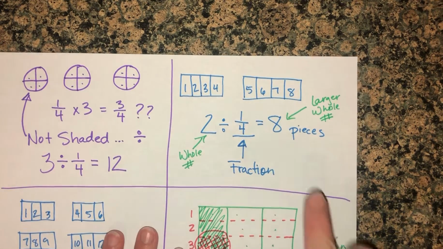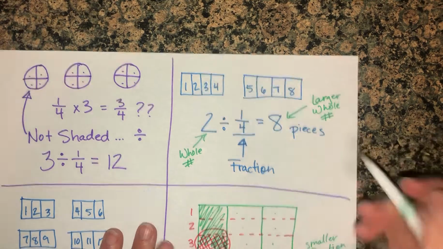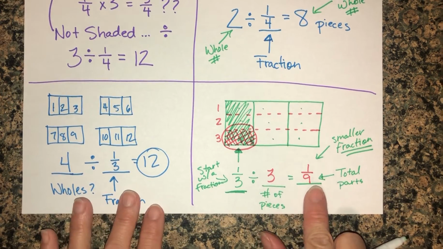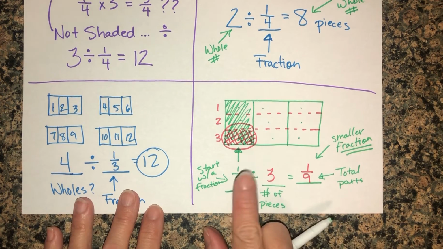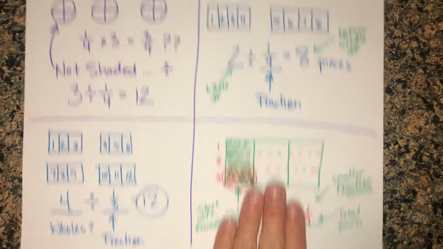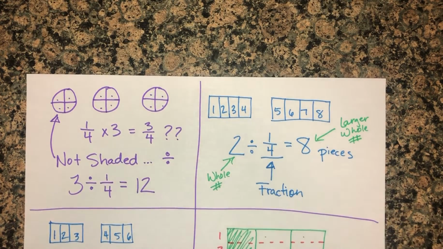So make sure you're watching for this. If you start with a whole number, you end with a larger whole number. If you start with a fraction, you're going to end with a smaller fraction. And don't freak out about this one because we're going to practice it a lot this week. These are the harder ones. I just wanted to go over why these are different from the multiplication models.